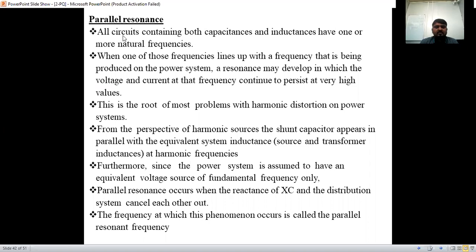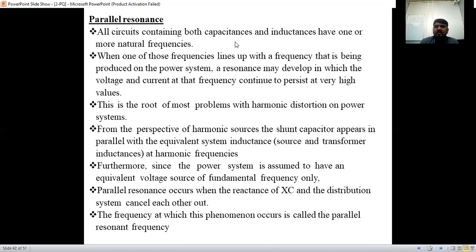All circuits containing both capacitance and inductances, you can consider any circuit or all circuits, contain capacitive and inductive loads. Out of all the circuits, any one circuit or more than one may have natural frequencies.